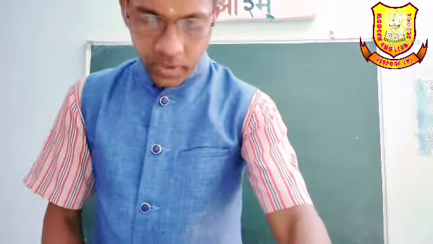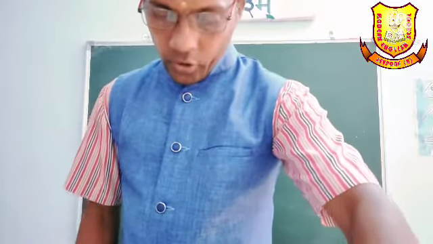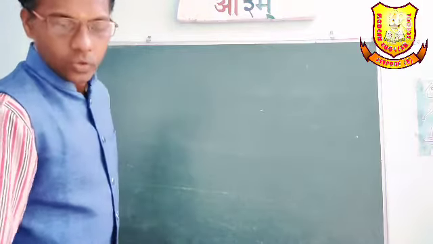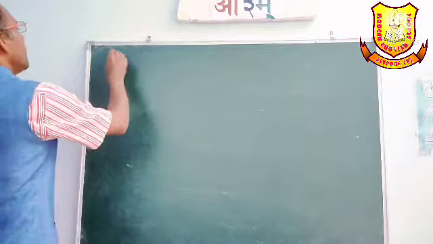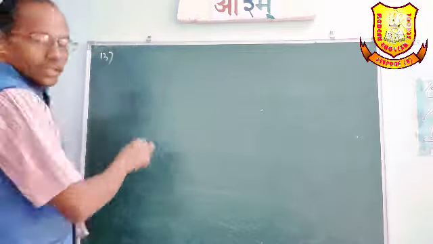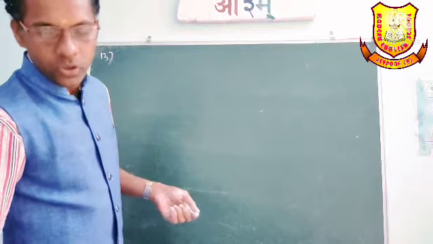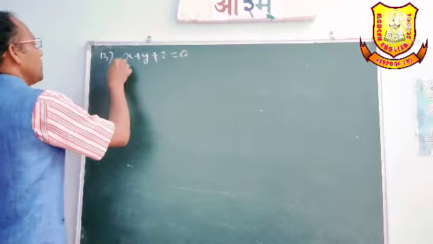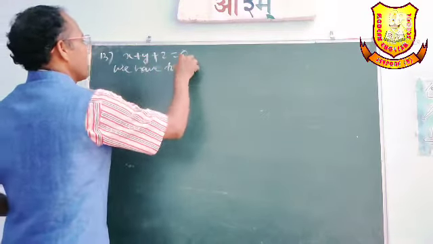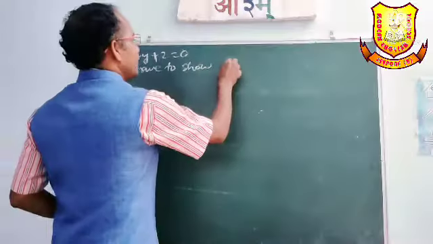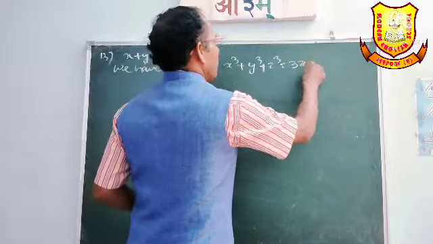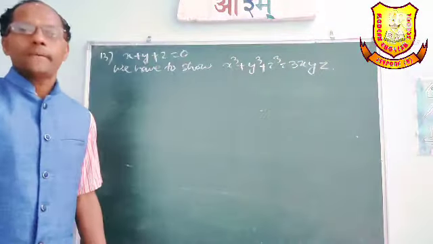If x plus y plus z equal to 0, then show that x cube plus y cube plus z cube equal to 3xyz. So question number 13, what is given? x plus y plus z equal to 0. We have to show, what we have to show? x cube plus y cube plus z cube equal to 3xyz. We have to show this.